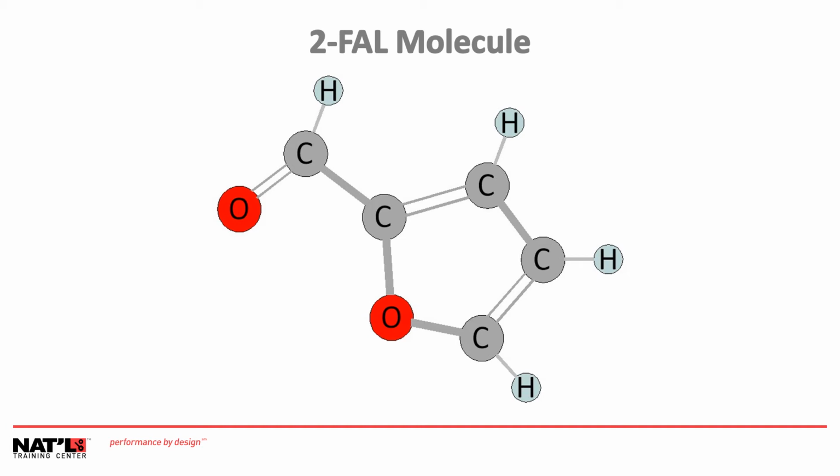It's been shown that all of these compounds, except 2-FAL shown here, are not very stable under operating conditions found in transformers. These compounds apparently form and then further degrade to the 2-FAL molecules shown here over a time span of a few months. 2-FAL is apparently stable for several years under the same conditions.